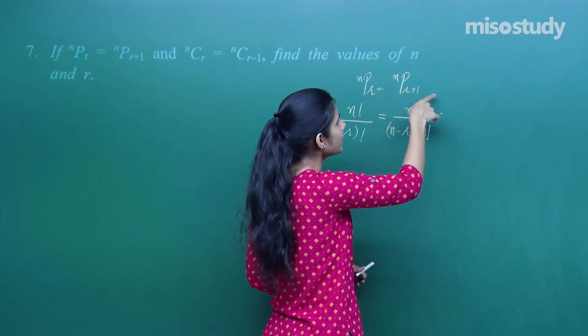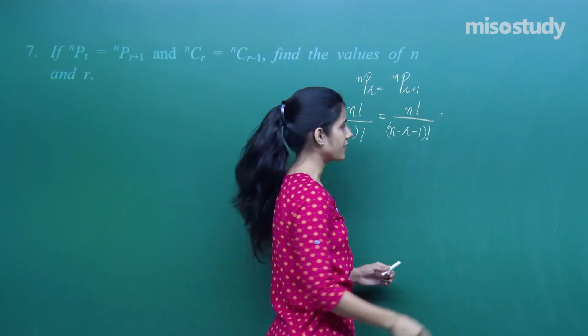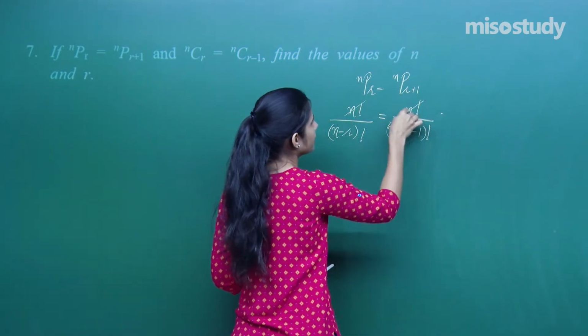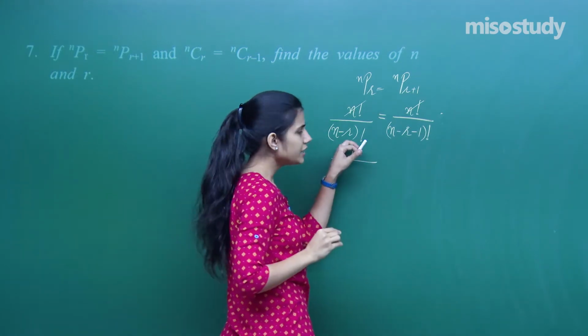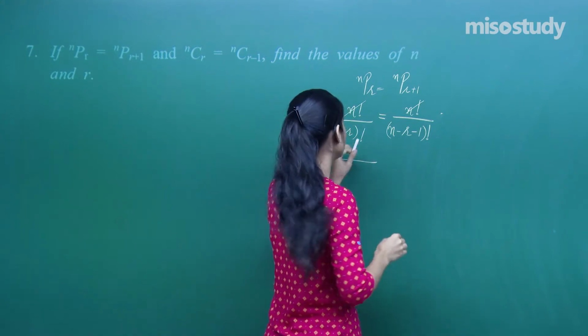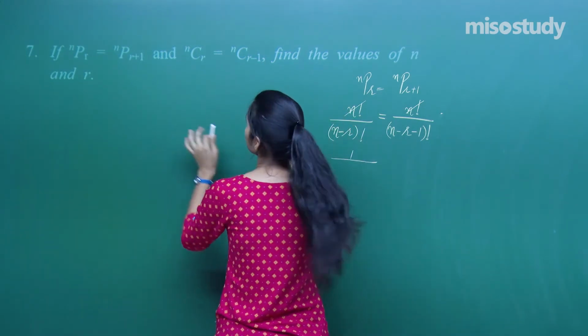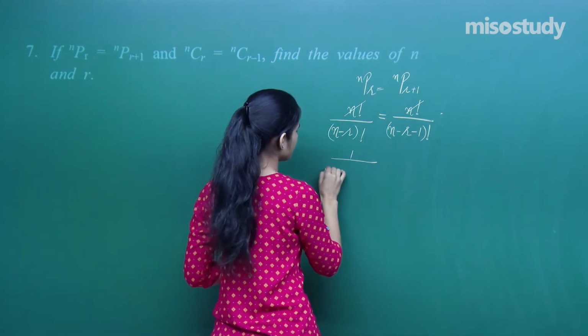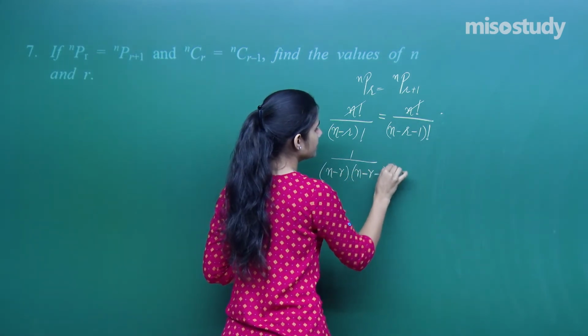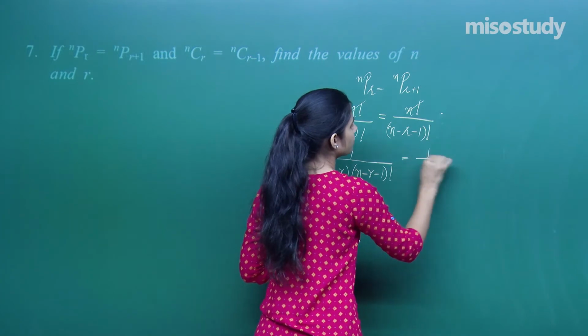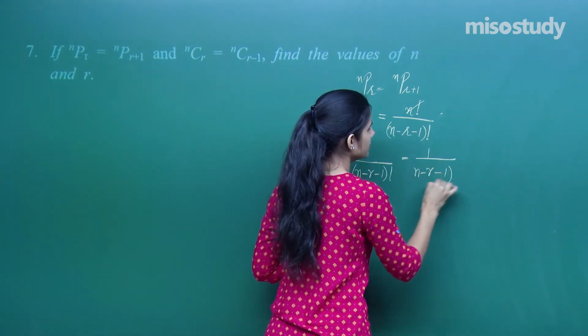Basically n minus r plus 1, that means n minus r minus 1 factorial. n factorial cancels out. What are you left with? Now over here, nPr is nP(r plus 1). So I can write n minus r into n minus r minus 1 factorial equals 1 upon n minus r minus 1 factorial.